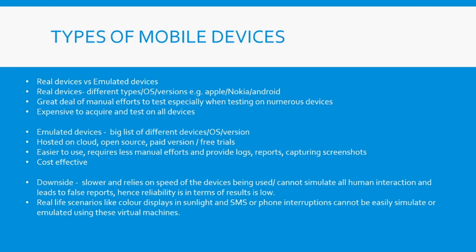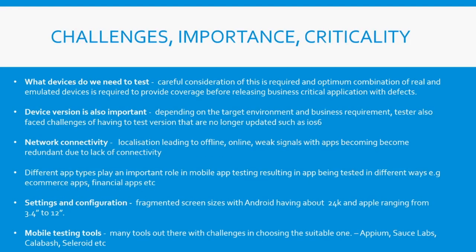Or you may want to simulate a telephone call coming through and look at the performance of your application against that kind of interaction, which is very hard because it's an emulated device. So these are the disadvantages of using an emulated device as compared to a real device.